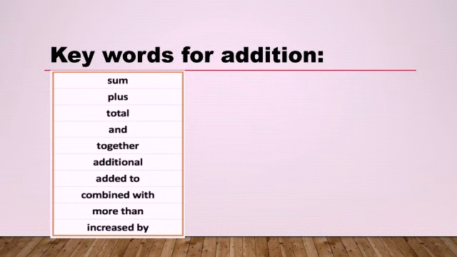If you find these words in the question, then you can easily understand that it will be addition. So keywords are used to understand the kind of word problem, and they also help you to write the statement.